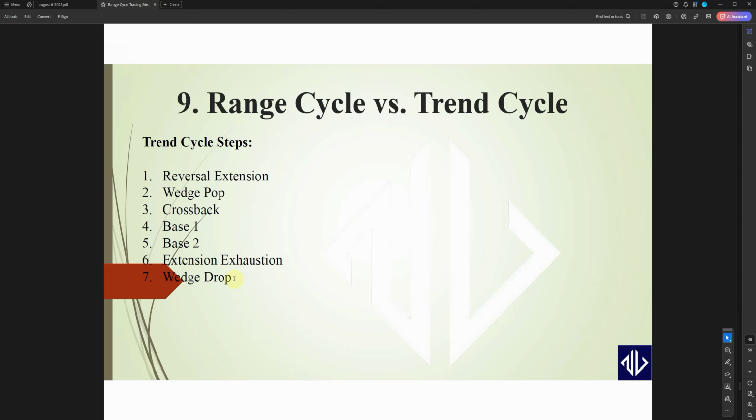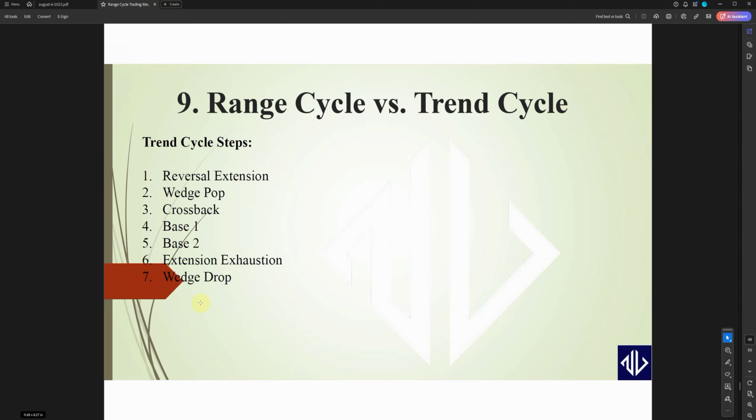Because mostly 99% of people who are SMC traders don't use these moving averages or this kind of trend model, because they only focus on the ranges according to SMC trading.